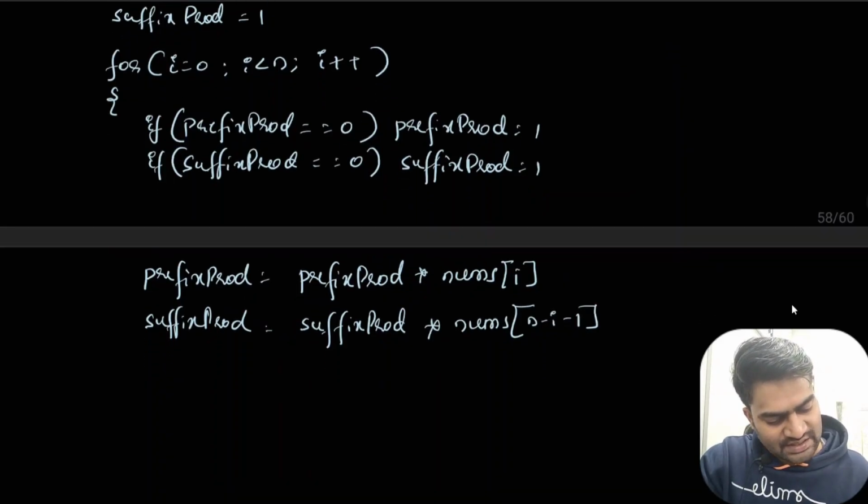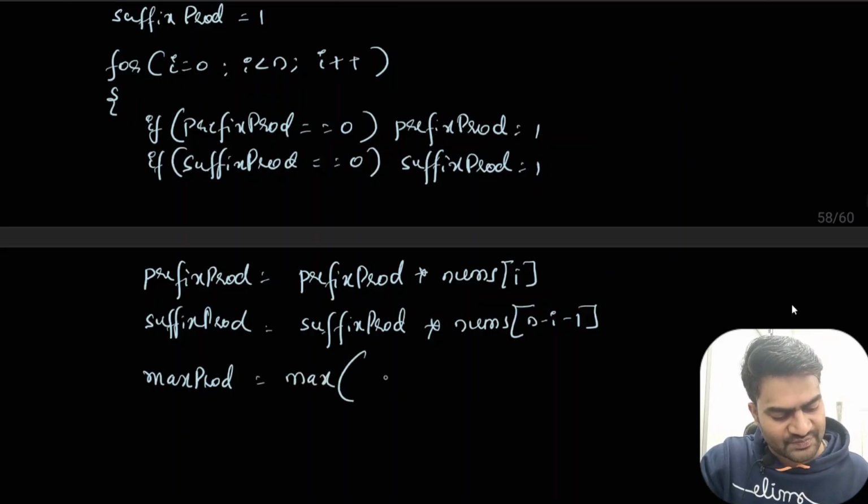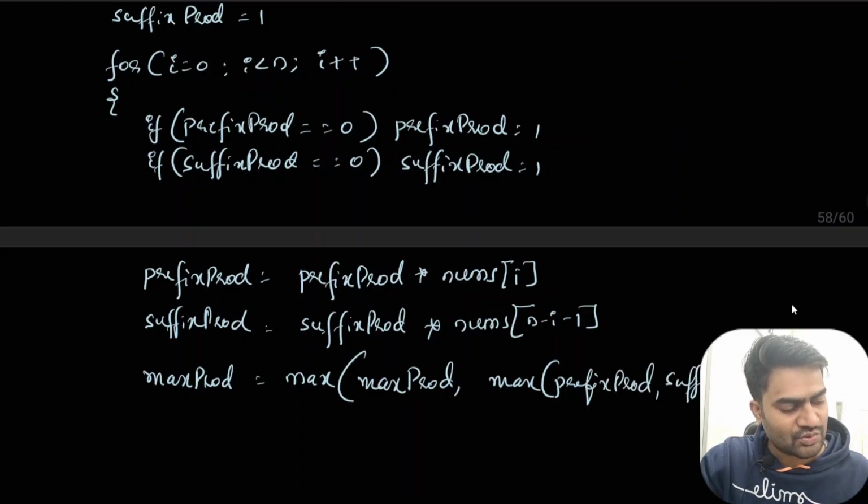Okay, then finally I will update my max product, so it can be my prefix product or my suffix product, whichever is maximum. So I will say max of max product, comma, max of my prefix product, comma, suffix product.